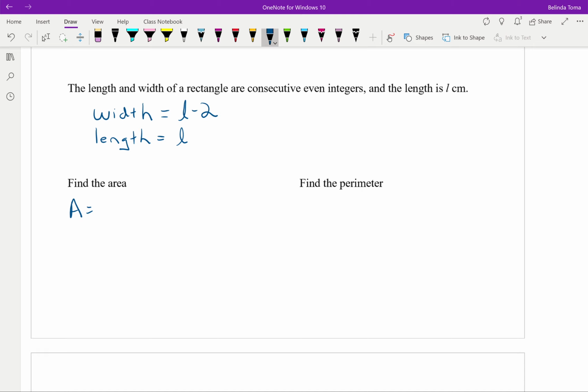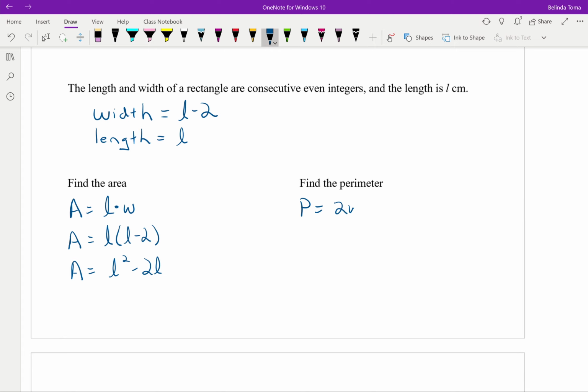Area is length times width. Well, we now know that the area in this question would be L times the quantity of L minus 2. If we simplify that, we're going to distribute the L to get L squared minus 2L. If we want the perimeter, we know that we're going to be adding up all of the sides.